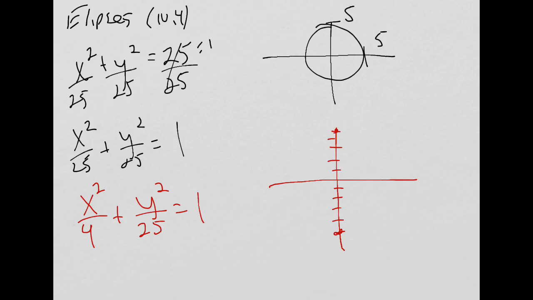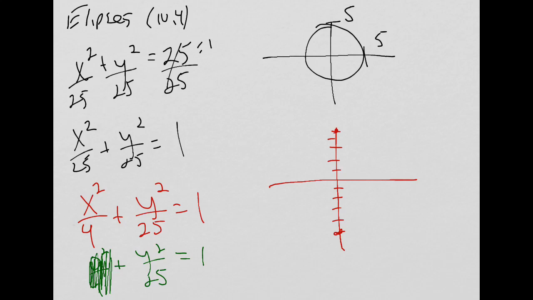I could show that mathematically by making x 0. So if I make x 0 in this equation, I get 0 squared over 4 plus y squared over 25 equals 1. And notice 0 squared over 4 is going to be 0, so we'll scratch it out.